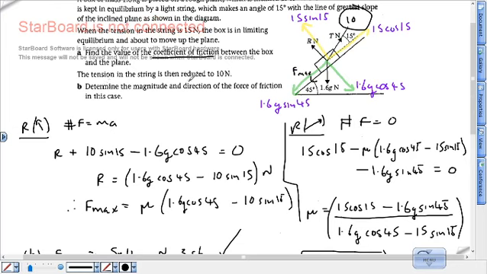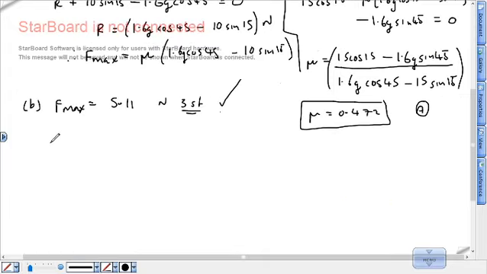Right, it says determine the magnitude and direction of the frictional force. So let's look at the pulling force. The pulling force is this bit here, okay? It's pulling it up. So we now need to work out what is 10 cos 15. So the pulling force is 10 cos 15.